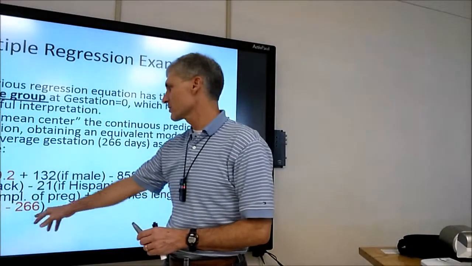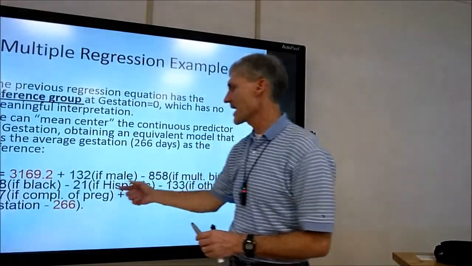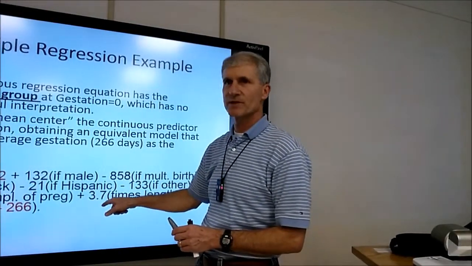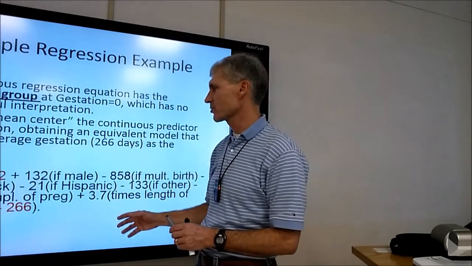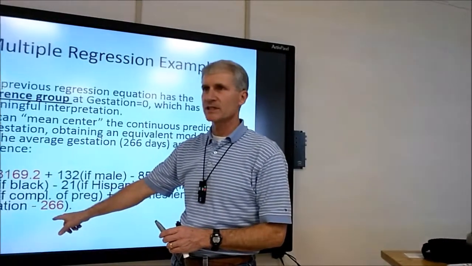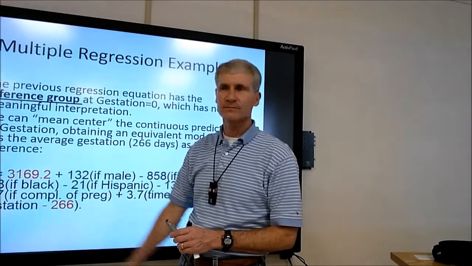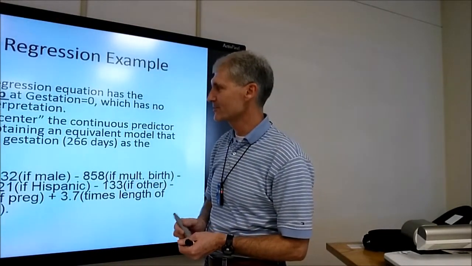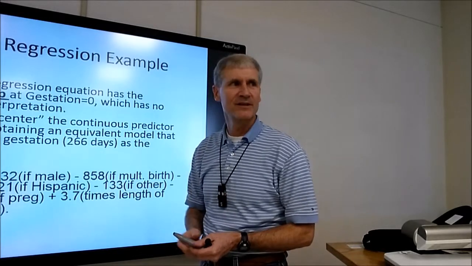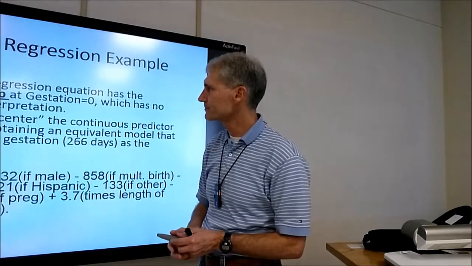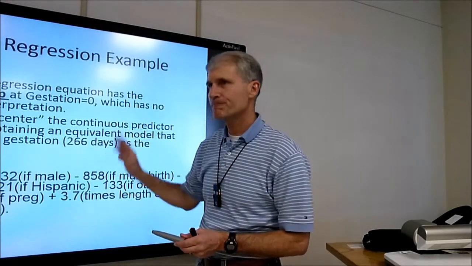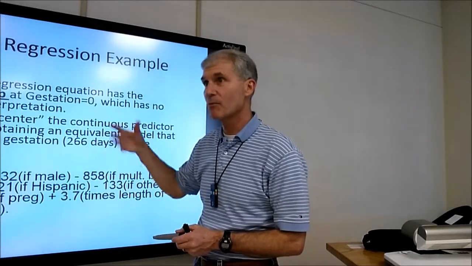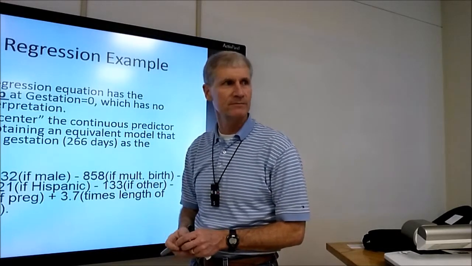If they were born at 270 days, you're going to add 4 times 3.7. So now your reference group is those that went 266 days. That's more meaningful to your non-statisticians in the audience if you mean center these continuous variables. Does everybody have a handle on exactly how multiple regression models work?